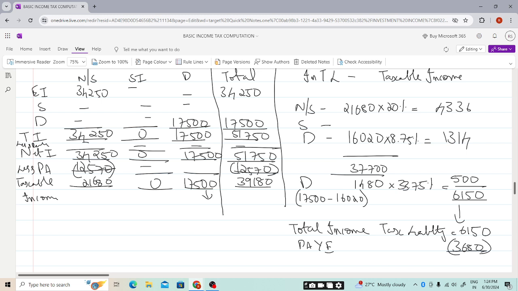This will give rise to the total income tax payable. What is the total income tax payable? It will be 2,470. Clear with this?